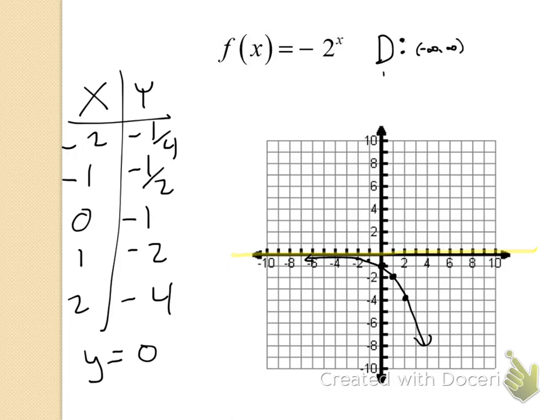Come on, Vance, here's your chance to redeem yourself. What's your range? Negative infinity comma 0. Parenthesis or bracket? Bracket. Why is it? Oh wait, I don't reach 0. I approach it, so that's why it's a parenthesis. It's okay.